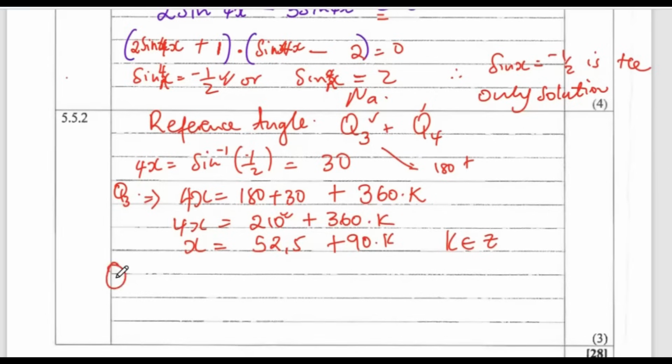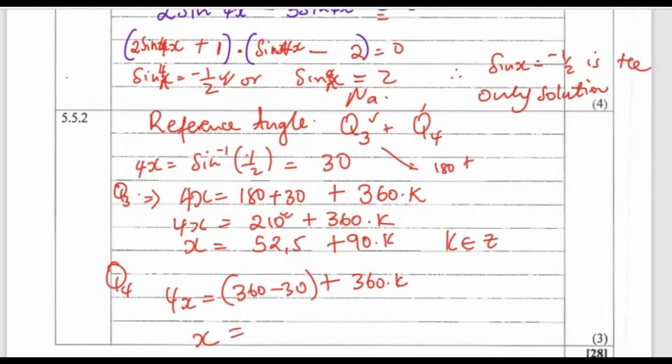Then in quadrant number 4, I'll still have my 4x is equal to 360 minus 30 plus 360 times k. Remember, quadrant 4 is represented with 360 minus an angle. Then 360 minus 30 is 330.